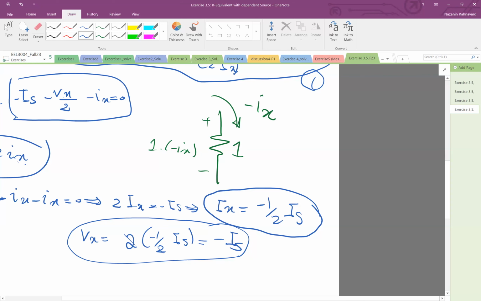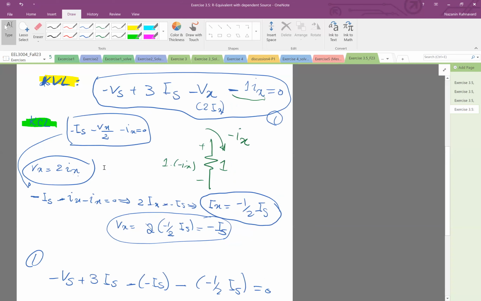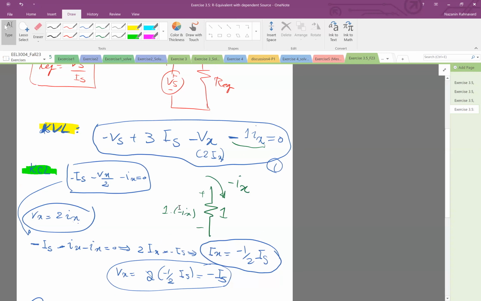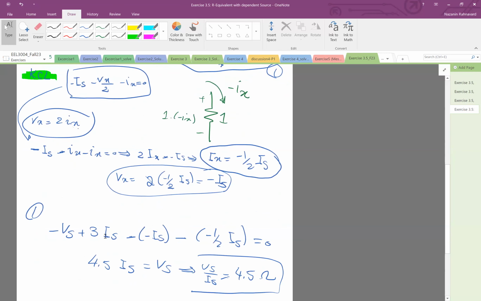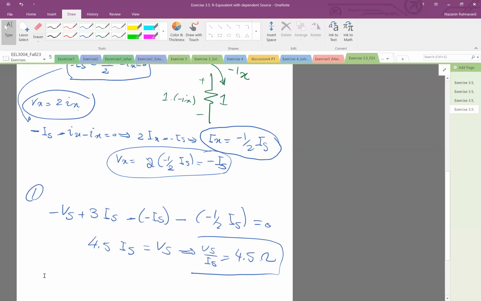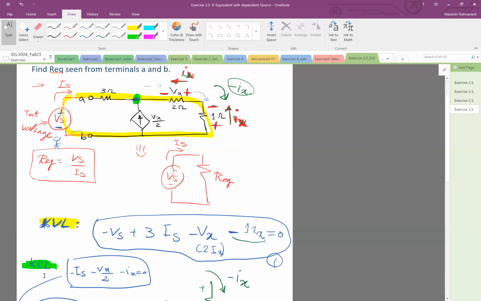So we get negative Is. Okay, cool. So as you see, everything has become in terms of Is and Vs. And then I replace in equation 1: negative Vs, Is, these are in terms of Is, equals 0. Eventually, Vs over Is is 4.5 ohms. Okay, very good.